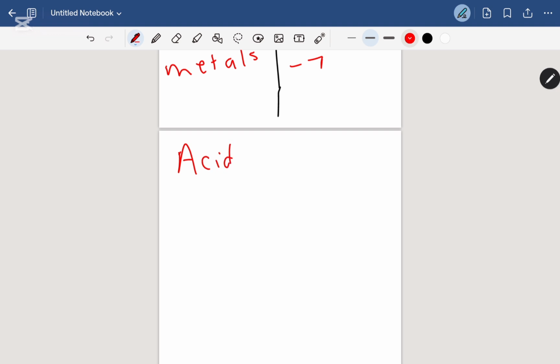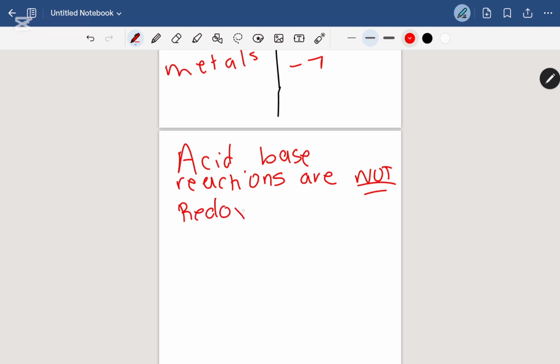Something we also need to know is that acid-base reactions are not redox reactions. So if you see, for example, an acid, let's think of any acid.